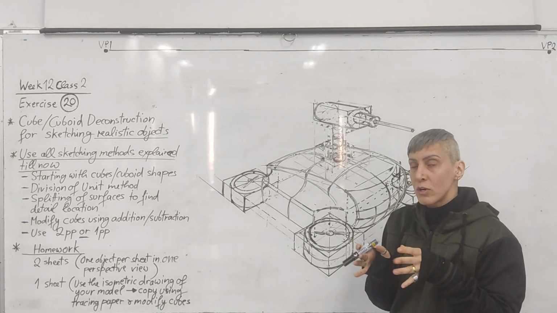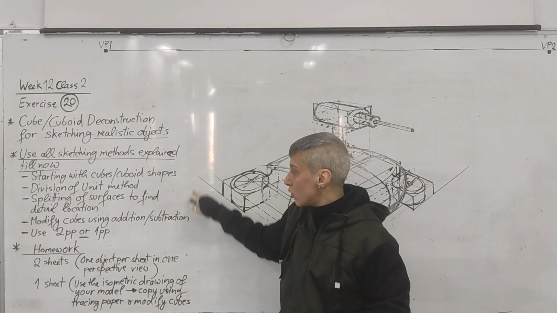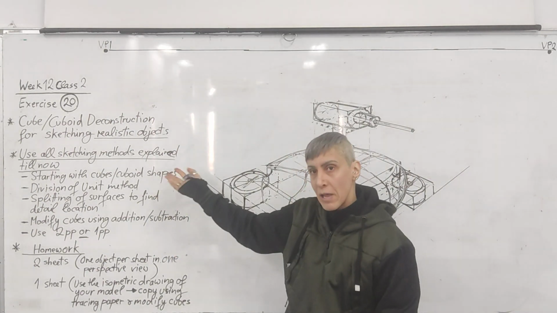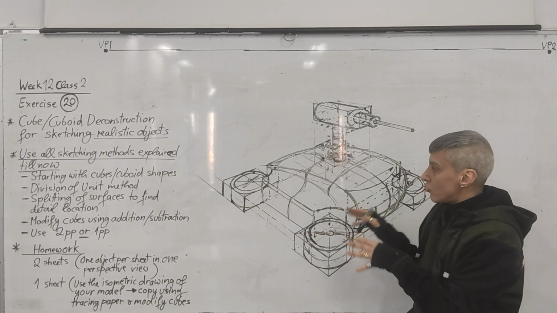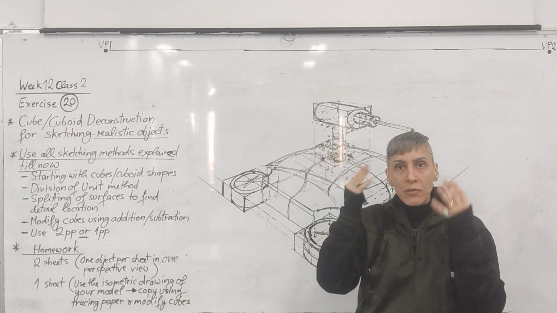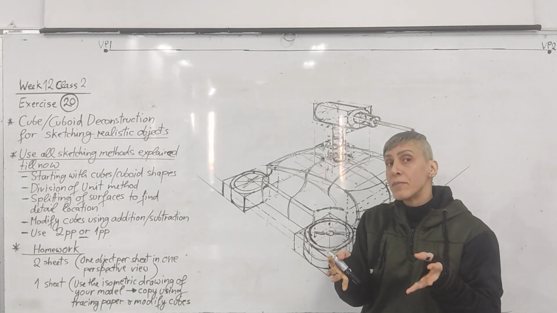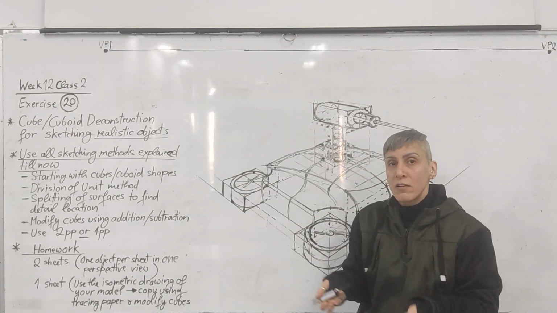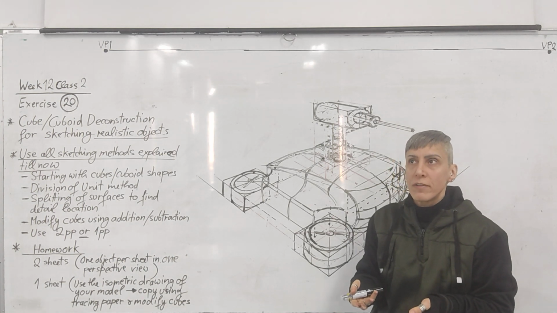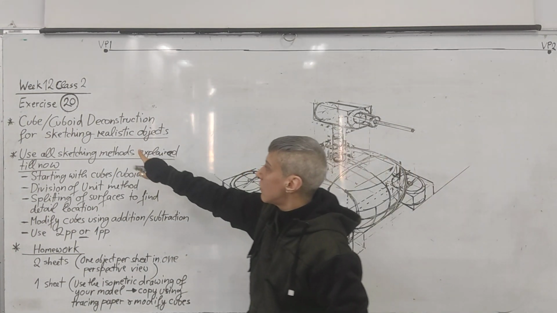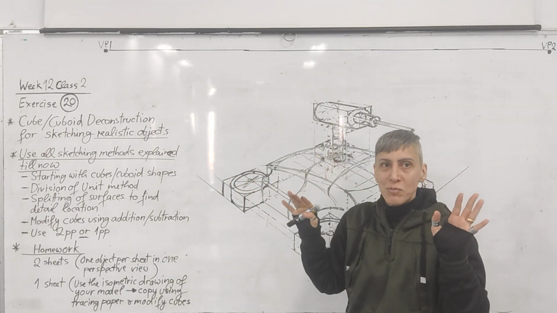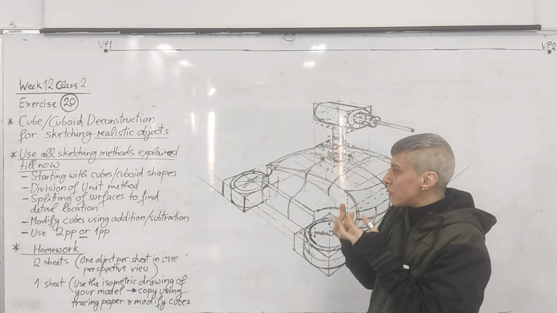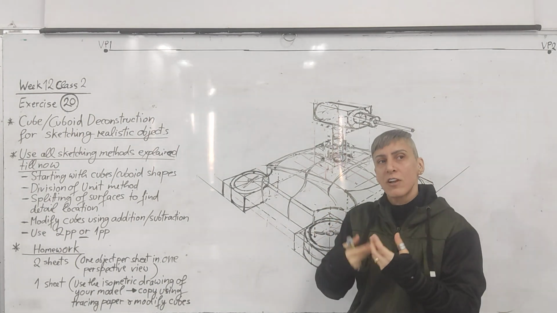On each sheet, you will draw an object using all those sketching methods that we learned before. Not this one, something from your mind, but with a lot of details. It must have a lot of details, and it must look realistic. It doesn't matter what it is. It can be a fantasy object.